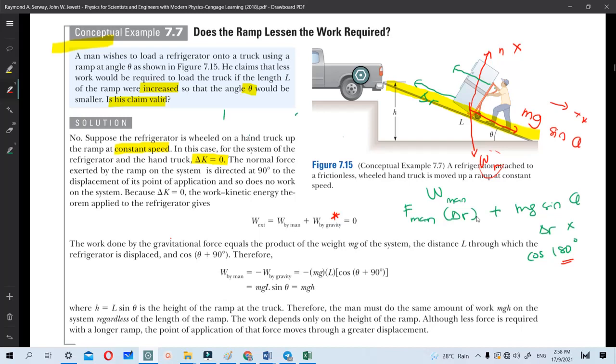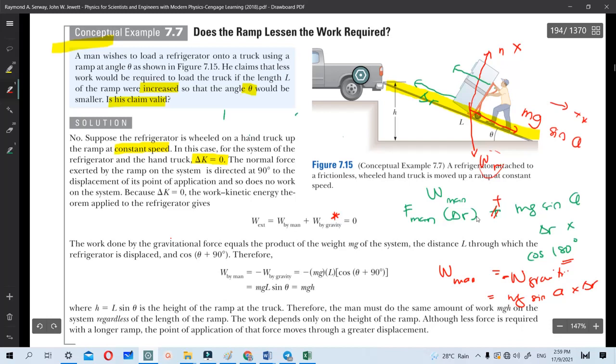So that's the reason why, when you are calculating the work by the man, it will turn out to be something like this. It's plus, and then the work by the man is now equivalent to the work by gravity. This is cos 180, so it turns out to be negative here, and then mg sin theta times delta R times cos 180, which is negative 1.